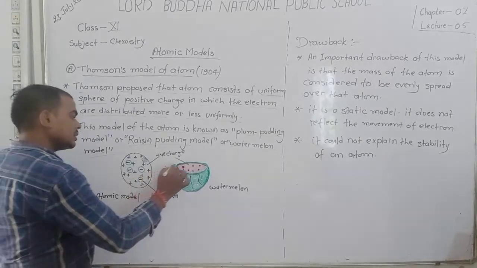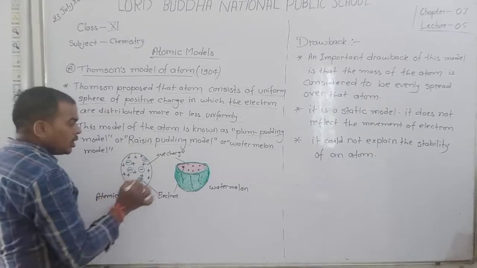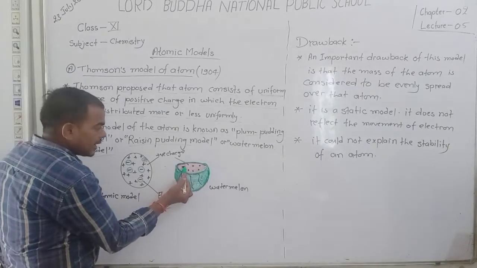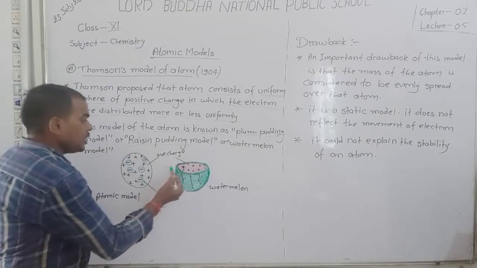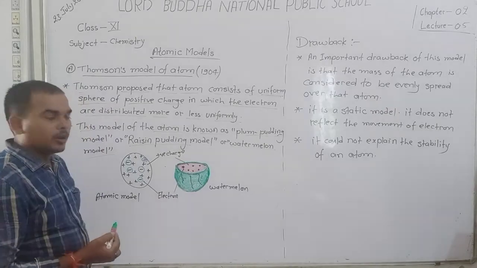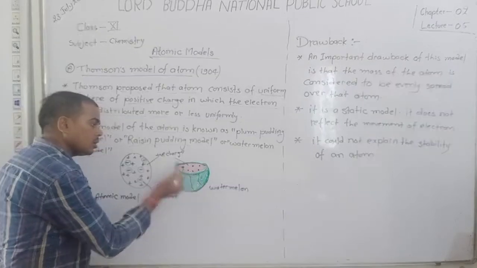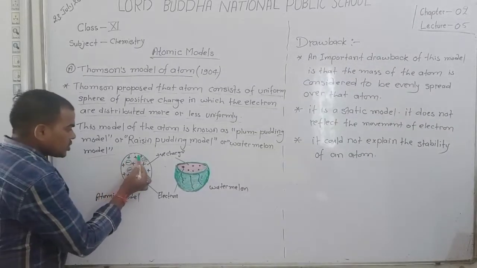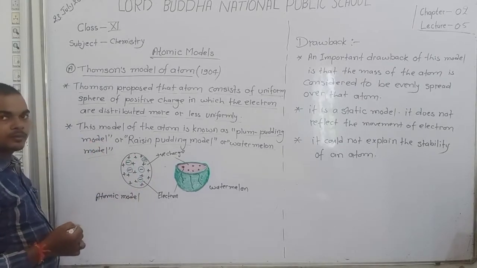In a watermelon, the red part, that is the edible part, is equally distributed over the watermelon. Similarly, in the atom, positive charge is distributed uniformly.